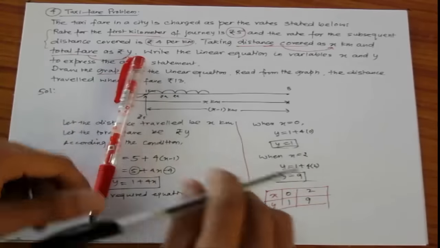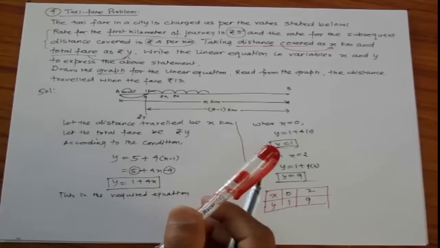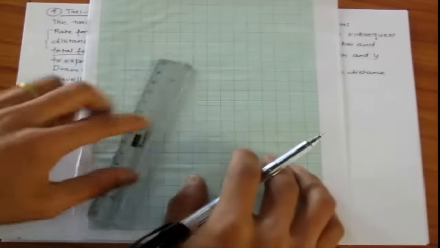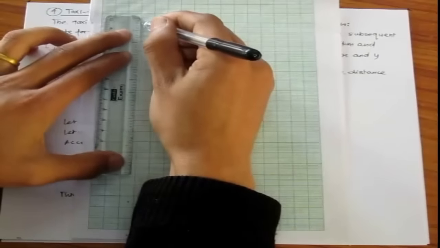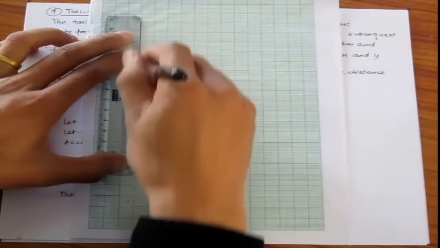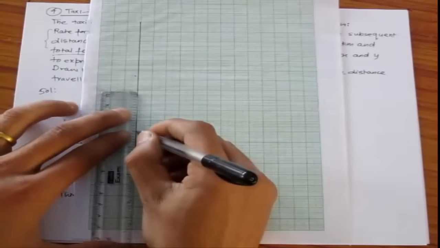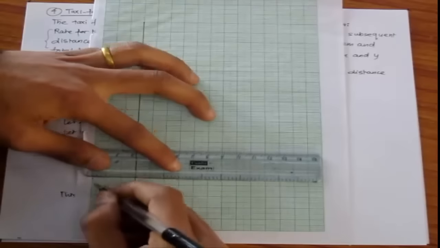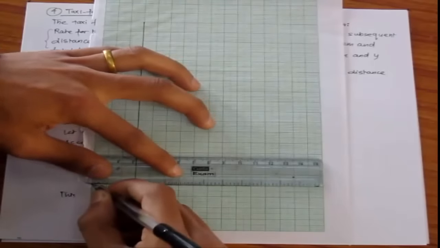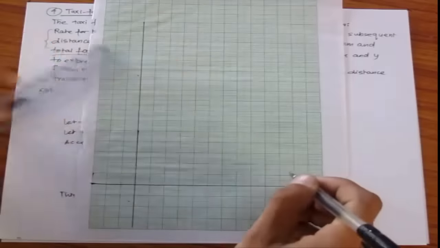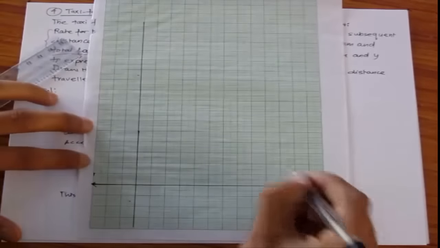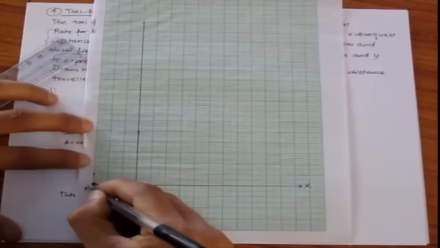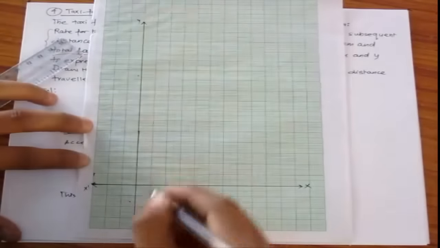Now next we are going to plot a graph. This is my graph. This taxi fare I'm going to represent in a graph. This is my x-axis. This is my y-axis.